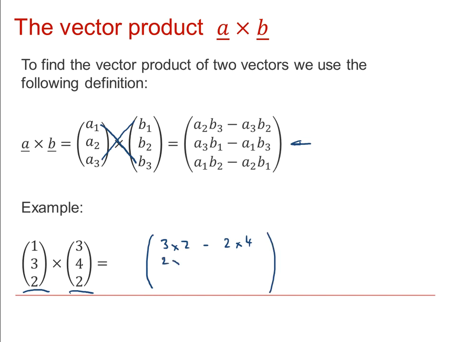So 2 multiplied by 3 minus 1 multiplied by 2. And finally, for the bottom line, we've got 1 multiplied by 4 minus 3 multiplied by 3. If you calculate those, it's 6 minus 8 is minus 2, 6 minus 2 is 4, and then 4 minus 9 is minus 5.